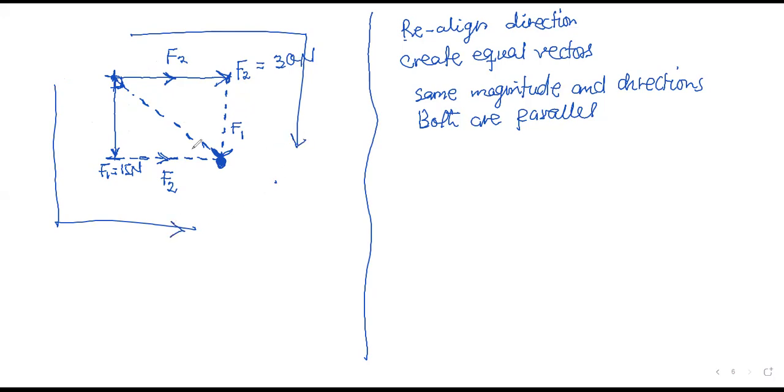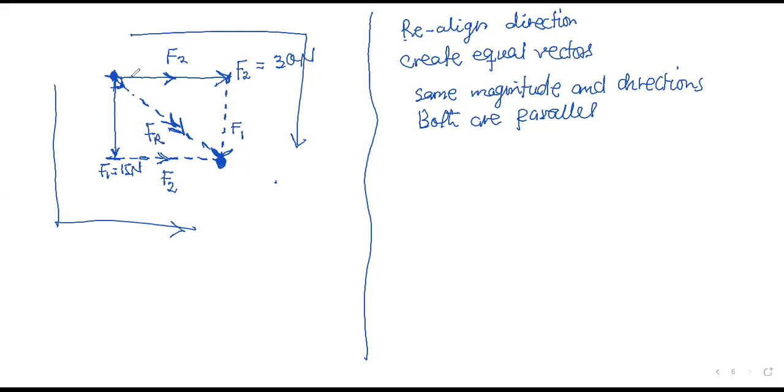Meaning that if I draw a vector from the tail of F1 to the head of F2, this will be the resultant of both F1 and F2. So this is the resultant force, F resultant.